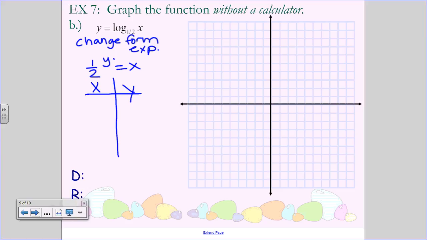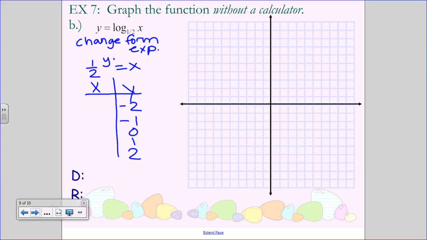So this ends up being just like graphing exponential functions or plugging in numbers to exponential functions, just you're plugging in the y values, because it's not an exponential function. So again, whenever we plug in our points, it's going to be just like graphing the exponential. We are going to pick 5 points, and those are going to be y values, -2, -1, 0, 1, and 2. So not picking x values for logs. Okay? X values are harder to pick when it's in this form.